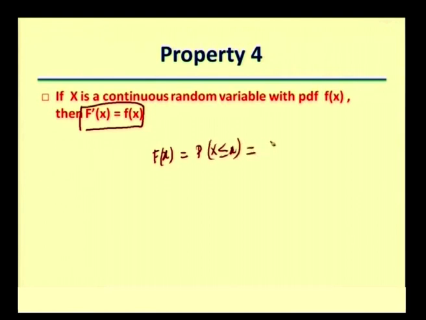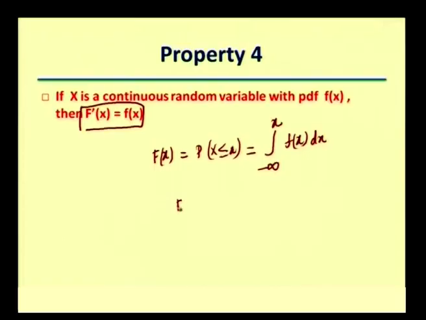In the case of a continuous random variable, it is the integral from minus infinity to x of f of x dx, isn't it? Integration and differentiation are opposite to each other, so when you differentiate capital F of x, you get small f of x. That's it. So if x is a continuous random variable with PDF f of x, then F dash of x is equal to f of x.